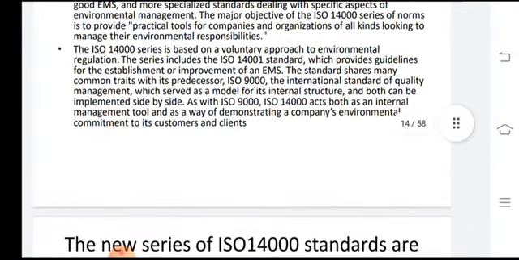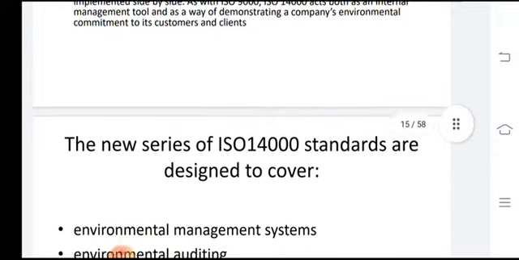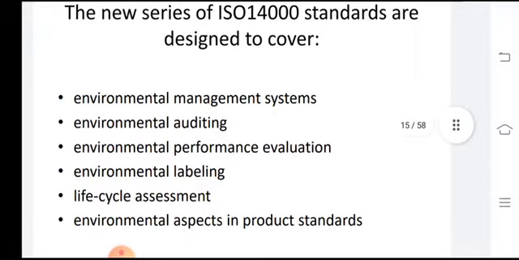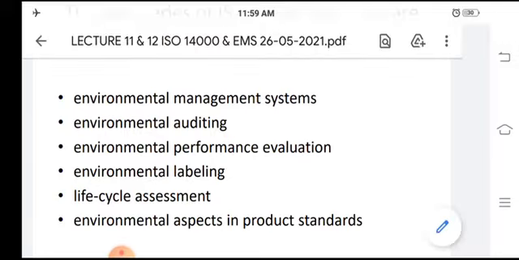The standard shares many common traits with its predecessor ISO 9000. As I talked about earlier, both have the same format, but only the targets are different. So, the new series of ISO 14000 covers environmental management systems, environmental auditing, environmental performance evaluation, environmental labeling, life cycle assessment, and environmental aspects in product standards.